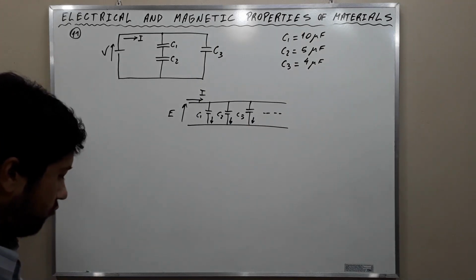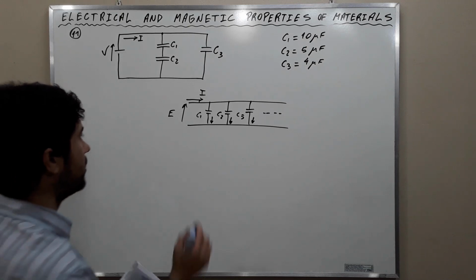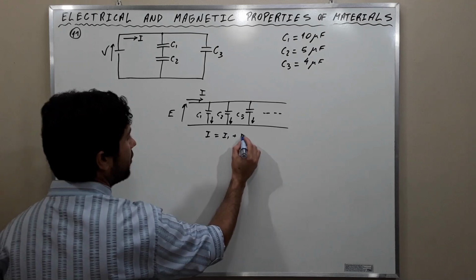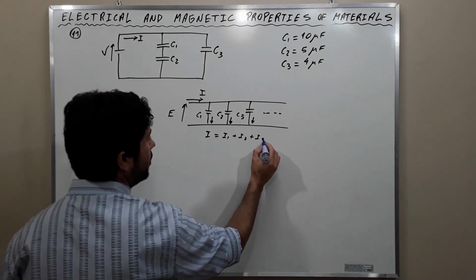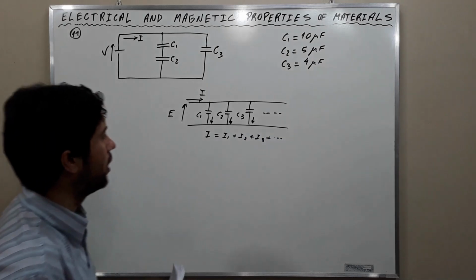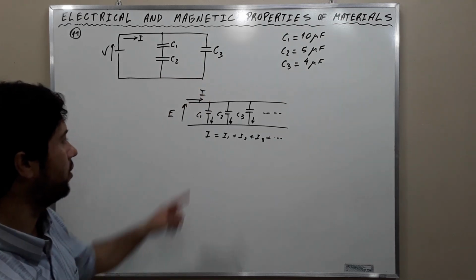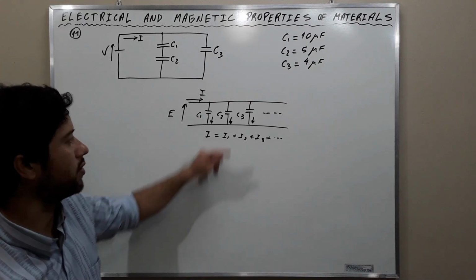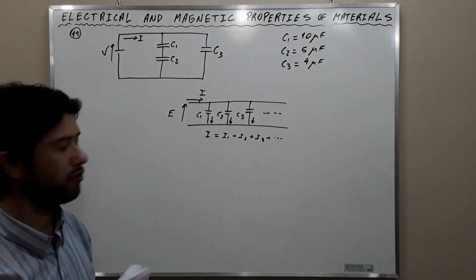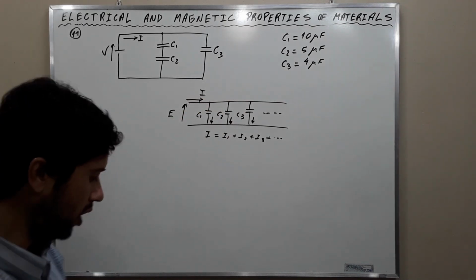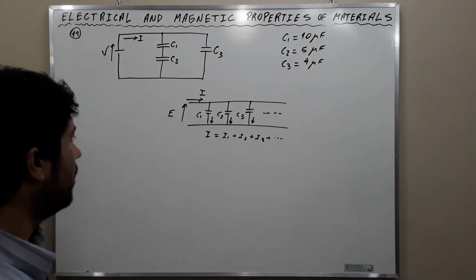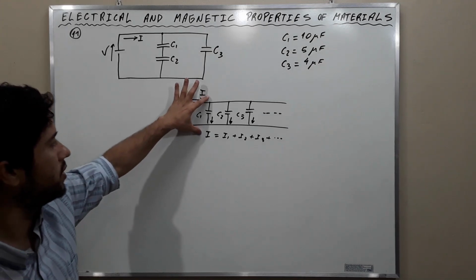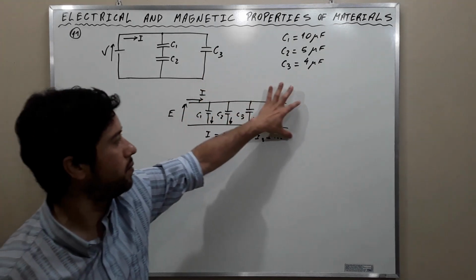Okay? Our conclusion is that I is equal to I1 plus I2 plus I3, and so on. I1 passes in the first capacitor, I2 passes in the second capacitor, I3 passes in the third capacitor. But you can see here that the same voltage is applied on every one of them.